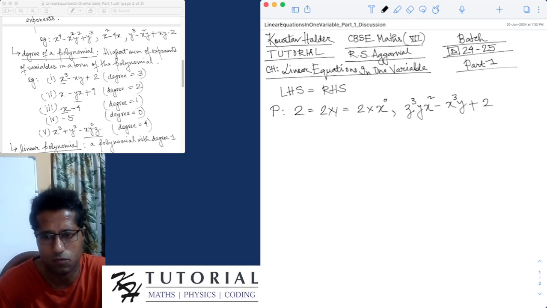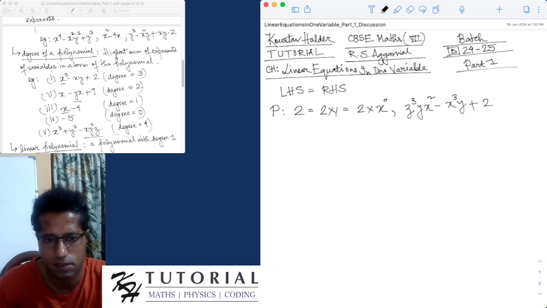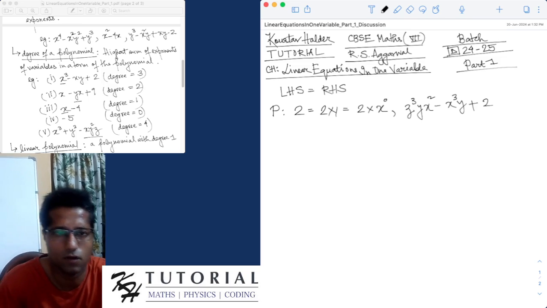Now that term could be a constant term, or it could be a term having variables, like one or two variables. So you consider all those terms where it has variables, and you sum the powers of all the variables. Whichever term has the highest sum of the powers, that sum is the degree of the polynomial.